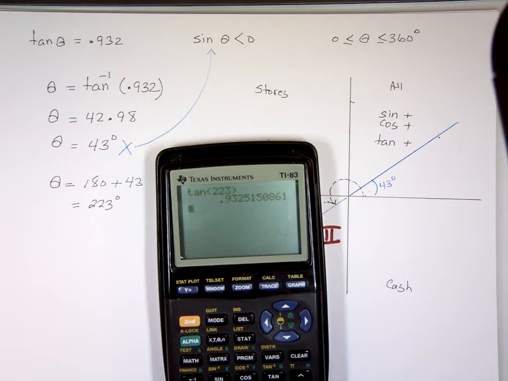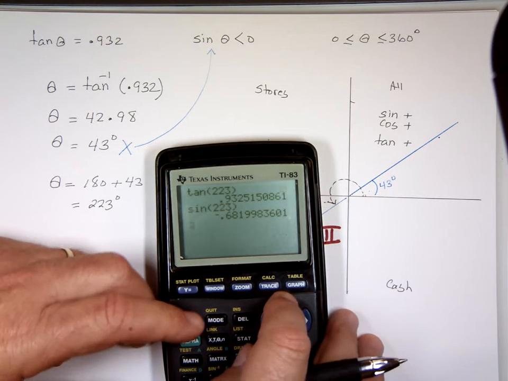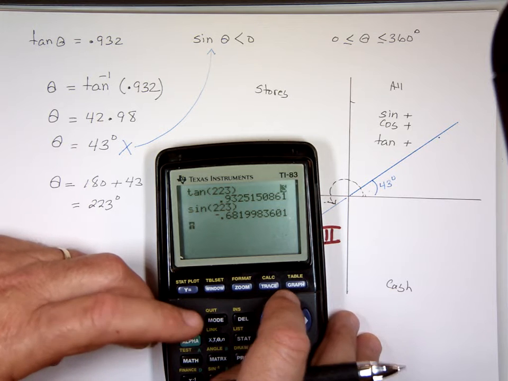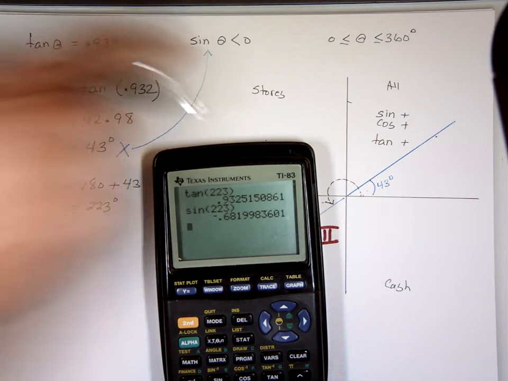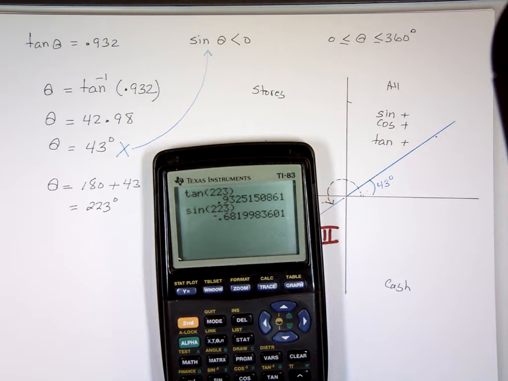What about the sine? The sine of 223, is that a negative number? Yes, it is. The sine is negative, the tangent is positive. Notice the tangent is positive and the sine is negative for that angle. If I use the 43, the sine will not be negative. The sine will be positive.